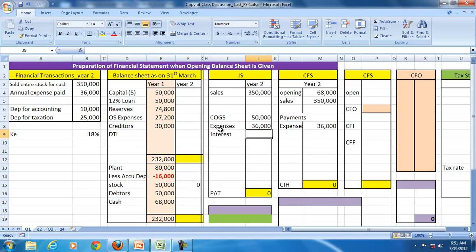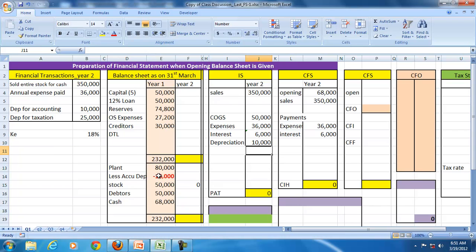Interest for the period is 12% on the loan, and let us assume that interest also has been paid. Otherwise there will be an outstanding interest for that period. Depreciation for taxation is different from the depreciation on accounting, and here we'll recognize the depreciation for accounting.